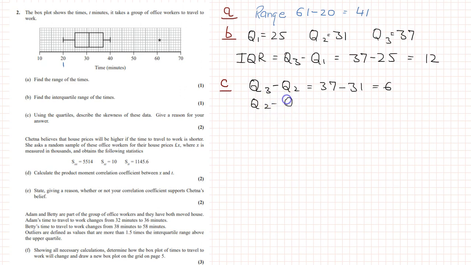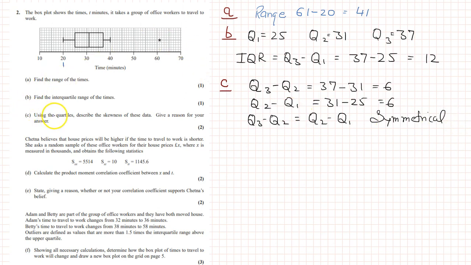And Q2 minus Q1 is 31 minus 25. This is also 6. So Q3 minus Q2 is equal to Q2 minus Q1. So it's symmetrical. So it's a symmetrical skewness. Give your reason: because these are equal.